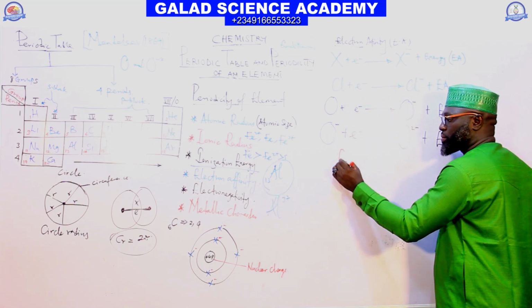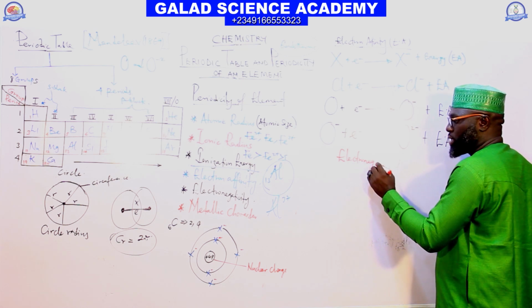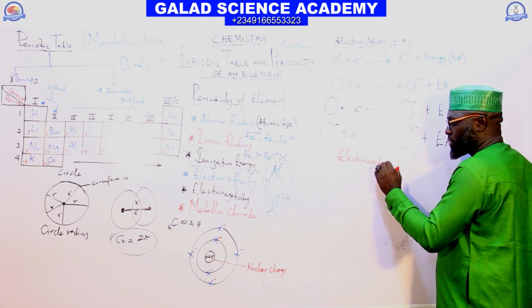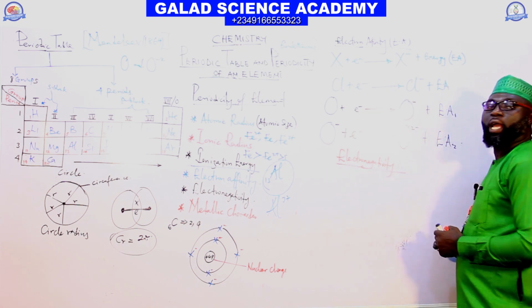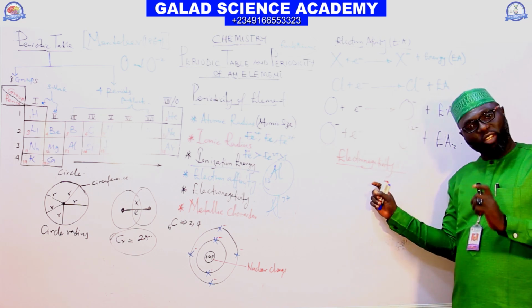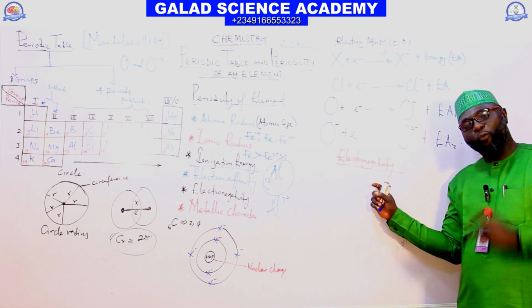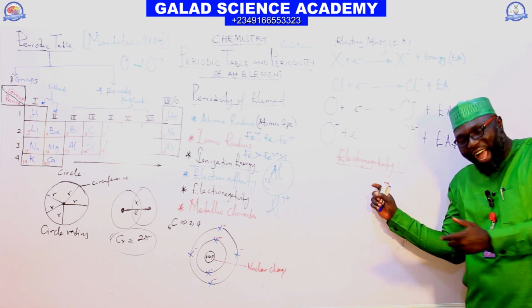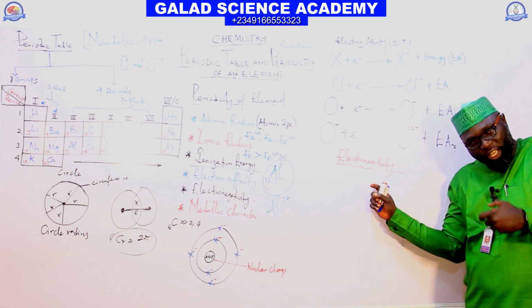The next one is electronegativity. What is electronegativity? Electronegativity is the ability of an element in covalent bonds to attract the bond electron to itself.